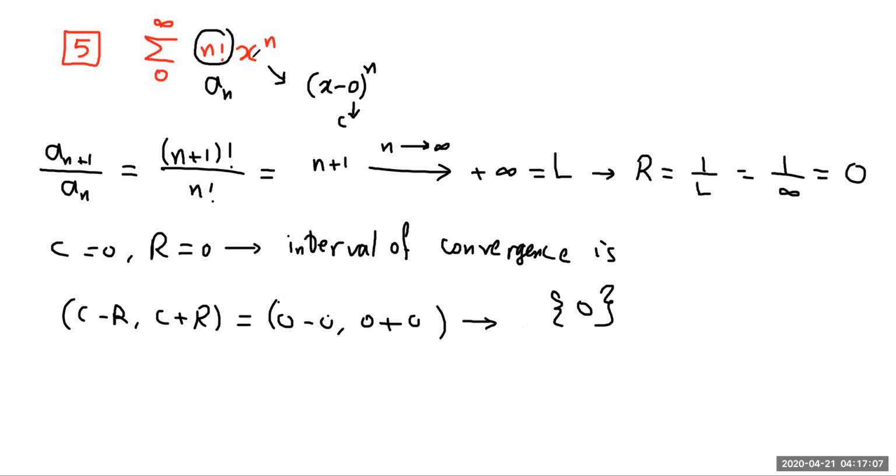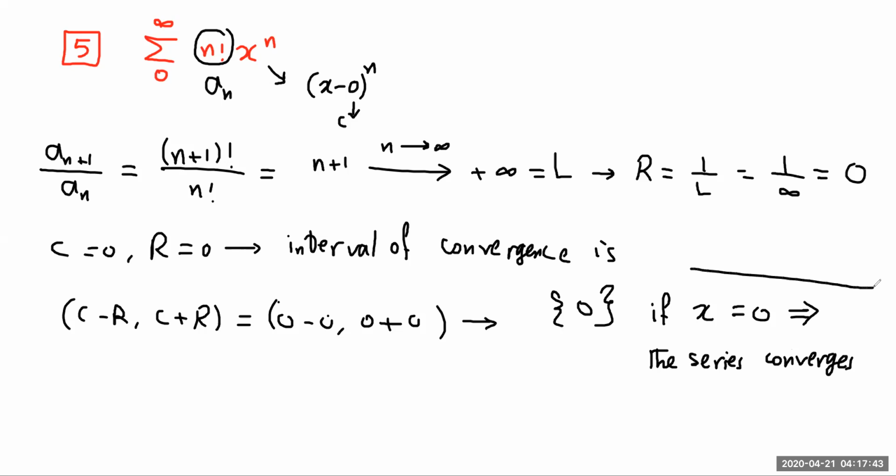If I give x as 0, I can find the sum. If I give x any number different from 0, this sum doesn't exist. So if x equals 0, then the series converges. If x is different from 0, the series diverges.